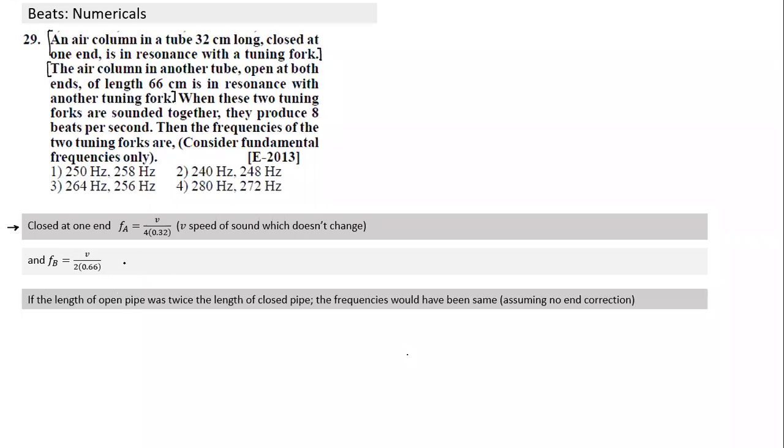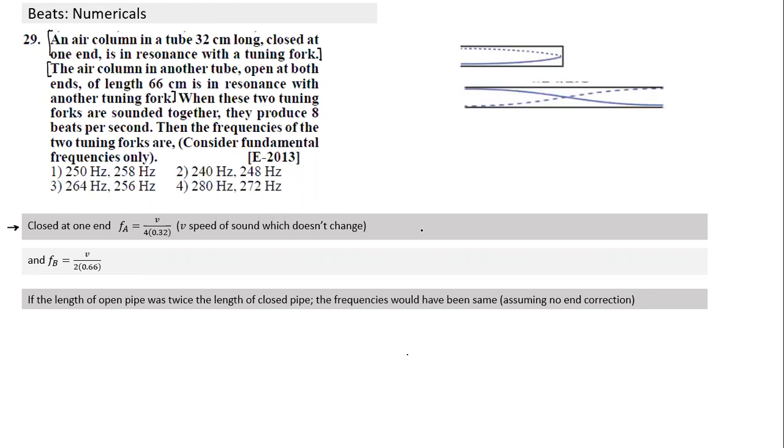Now, if we observe here, had the length of the open pipe been twice of this, had the length been 64, both frequencies would have been the same. We can see this in terms of a figure also. If the length of the open pipe was twice the length of the closed pipe, the frequencies would have been the same, assuming no end correction. End correction will come later. This is what the figure would look like.